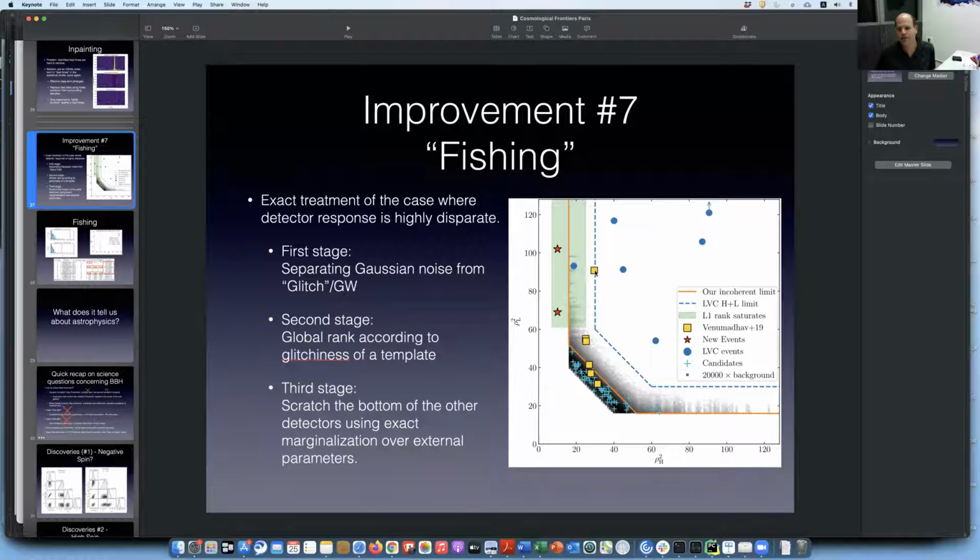And as you see, for example, this event, the negative spin event, is so far beyond noise that I don't even have any ability to measure how significant it is. It is as significant as this in this white area. Okay, so the LVC events are those.